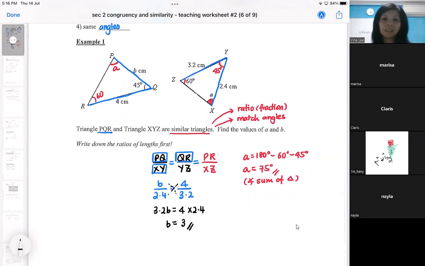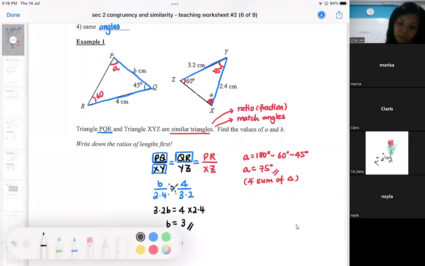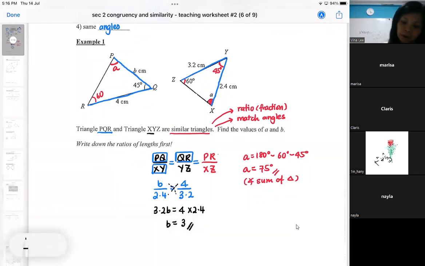Okay, so this one is an example of similar triangle. And I hope you also realize I never refer to the diagram. I cannot do the ratio from the diagram. So I will do the ratio from the statement. So I stack up the triangle.